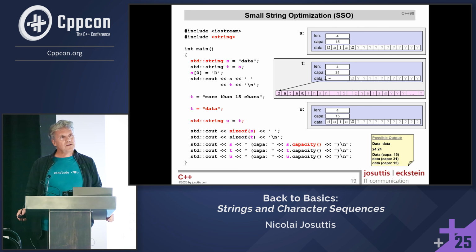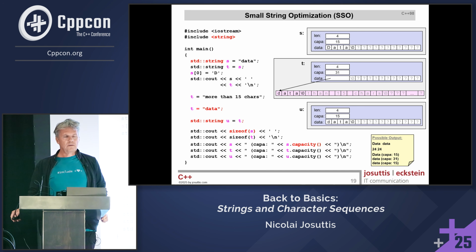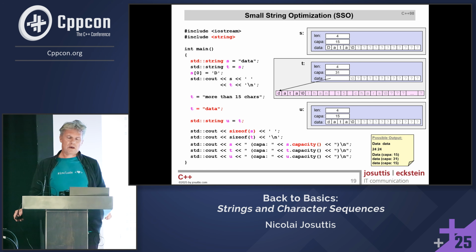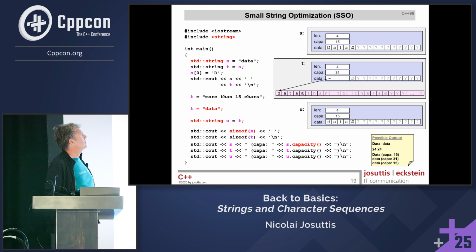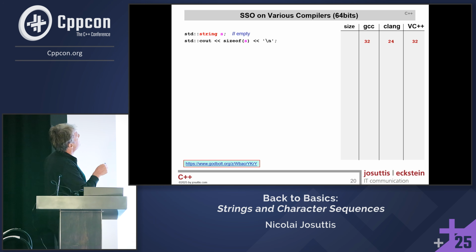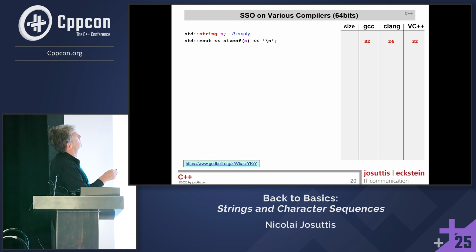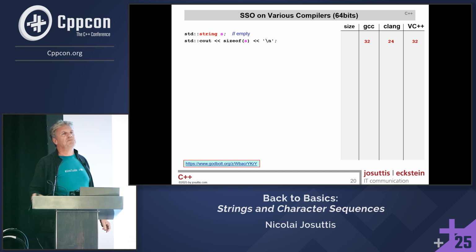Now, the interesting thing and the obvious question is, which values are the different compilers using here? I told you we don't standardize how short string optimization is used by compilers or implemented by their libraries. So they're free to do it however they like. So let's create an empty string and print out how much memory is used.